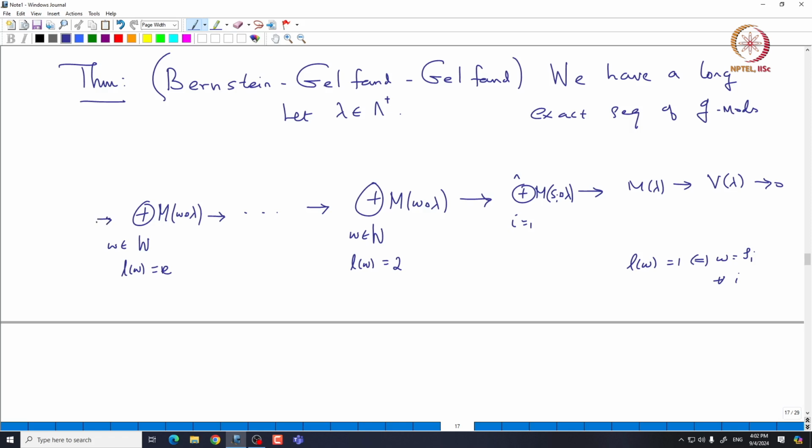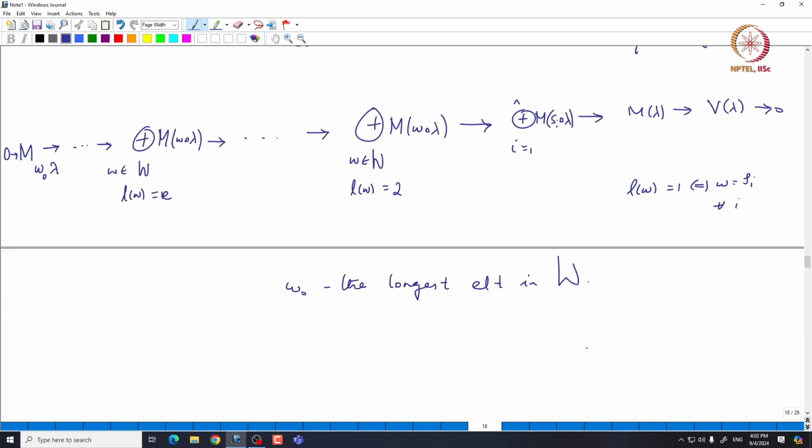So this resolution continues, and then it ends with M of w naught dot lambda, where w naught is the longest element in the Weyl group W.